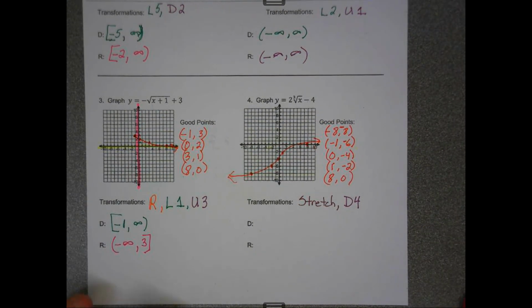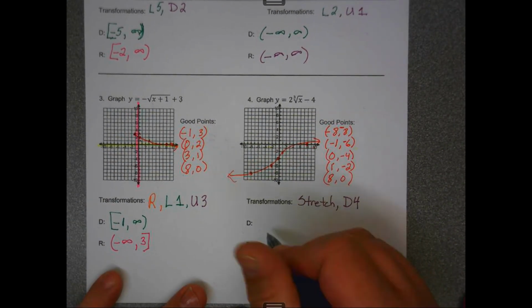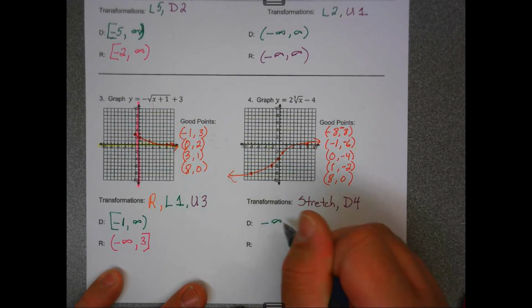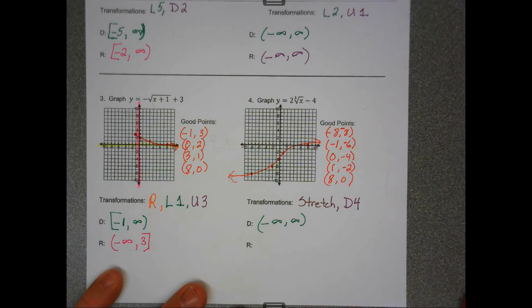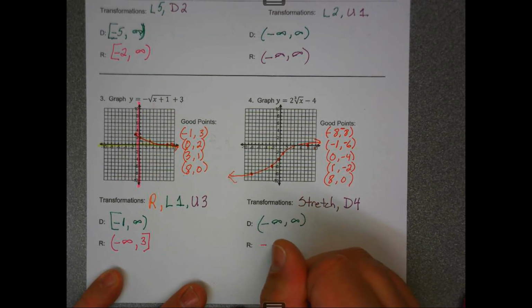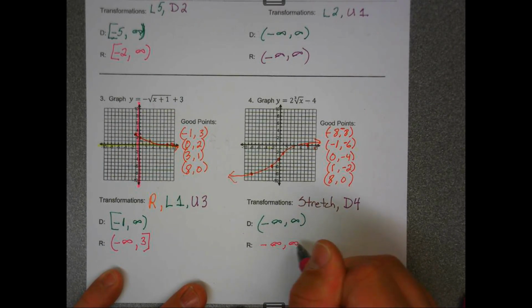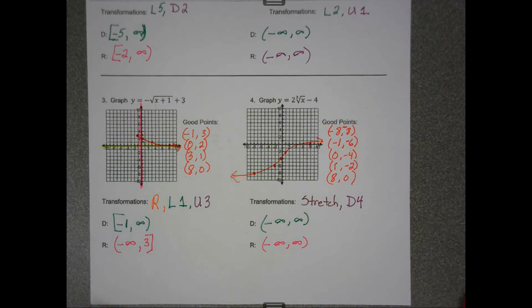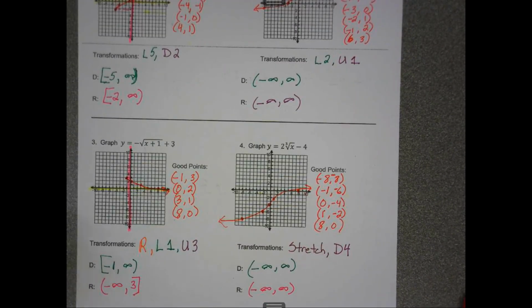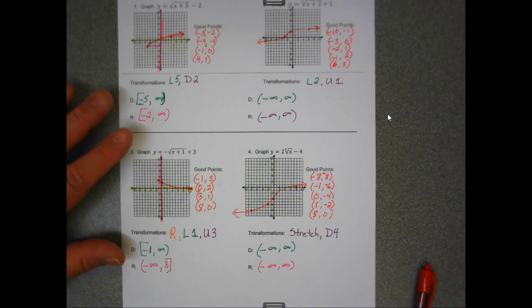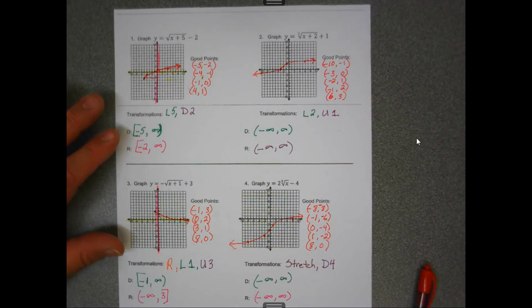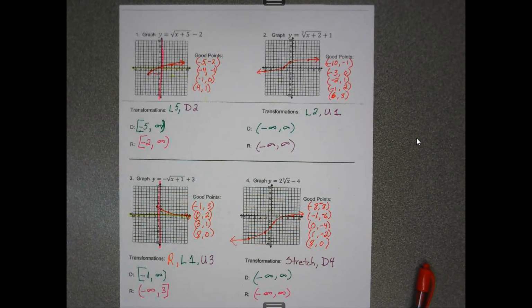And domain and range are easy for cube roots. Negative infinity, positive infinity with parentheses. Negative infinity, positive infinity with parentheses. And that does it for graphing radical functions. Are you ready for the practice work?